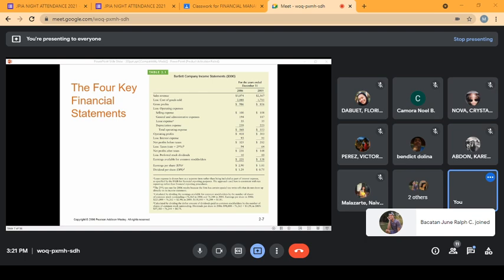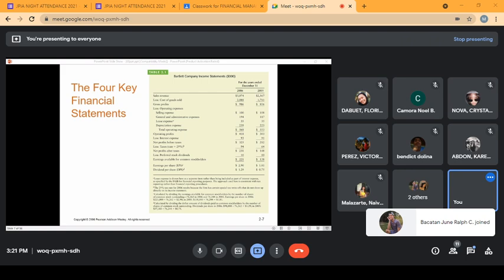Meaning, in this case, it just provided the causes how the retained earnings went from 1,012 to 1,135 because of the, itong nasa gitna na to, because of the 231 net profits and the payment of dividends. We just determine the cause why the retained earnings increase or decrease.